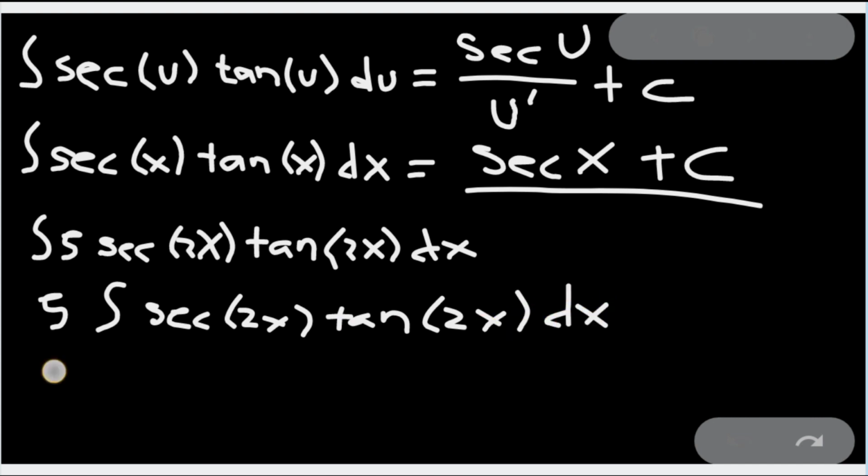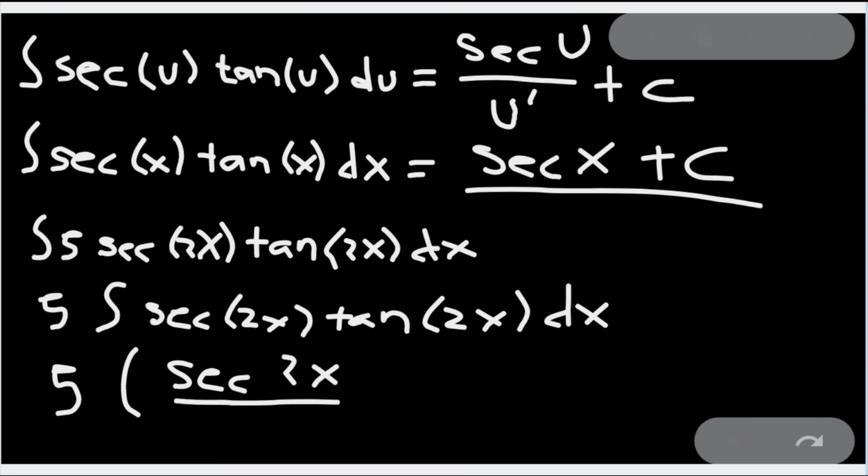Therefore, we have 5 times, the value of u here is 2x. Therefore, we have now secant 2x, and the derivative of 2x is 2 plus c. So, this is our final answer.